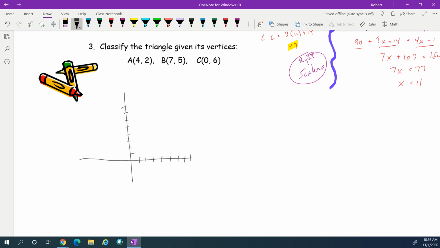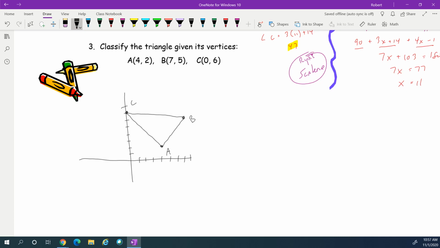So A is at 4, 2. 1, 2, 3, 4, up 2. So that's A. 7, 5. 7, 1, 2, 3, 4, 5, up 5. So it looks like B. And then C is at 0, 6. So there's our picture.